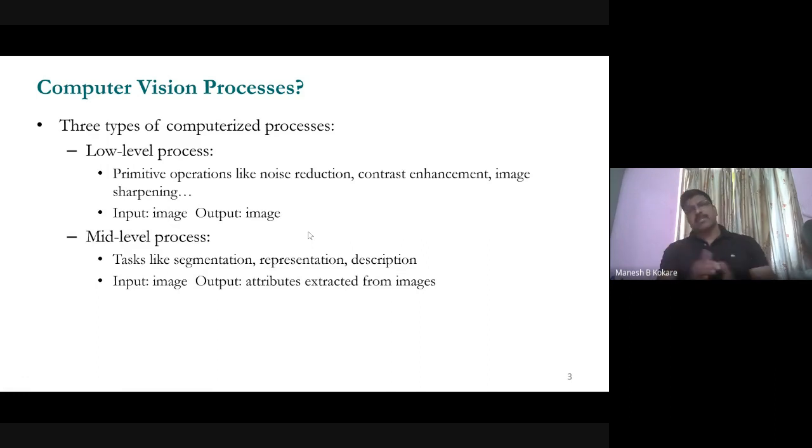Then in mid level processing, what are we doing in mid level computer vision? We are trying to extract features from the objects. You know that features are generally used for recognizing the object, classifying the object, or predicting events. So your input is an image or object, you process it, and you extract a good set of features or descriptors from it, which are then used for recognition or prediction.